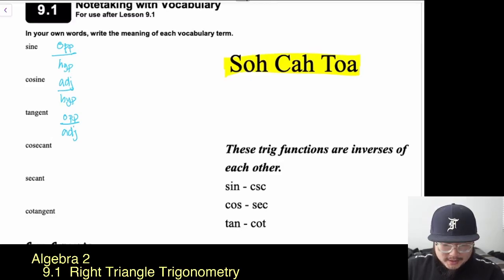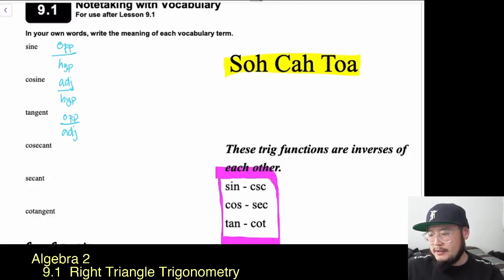Now, one thing that is new here is the terms cosecant, secant, and cotangent. Those terms happen to be the inverses of sine, cosine, and tangent. Let me highlight this area.